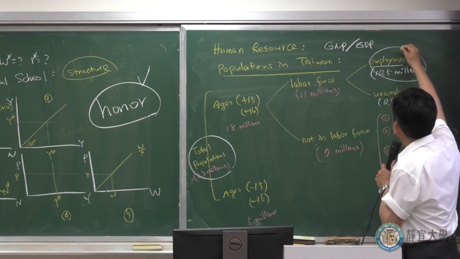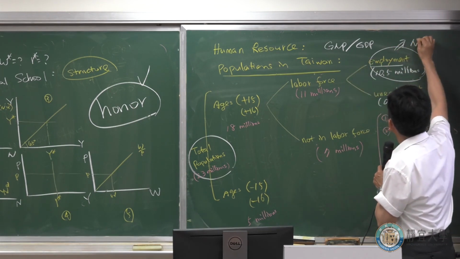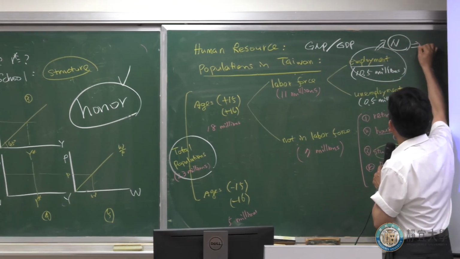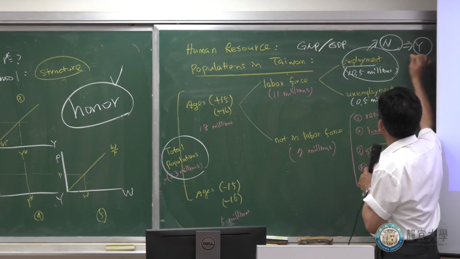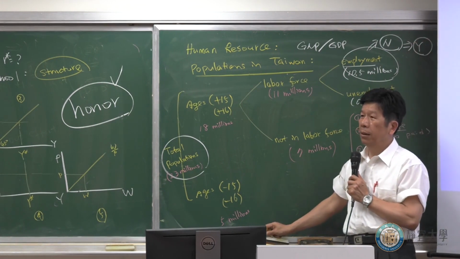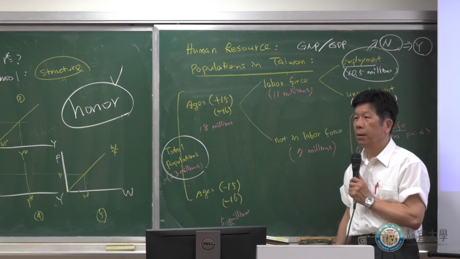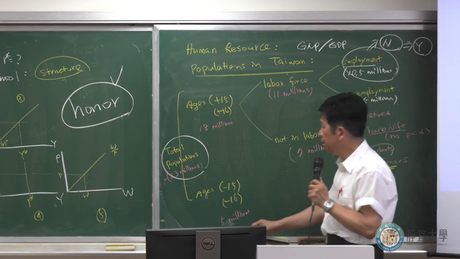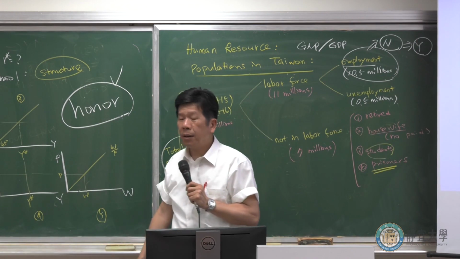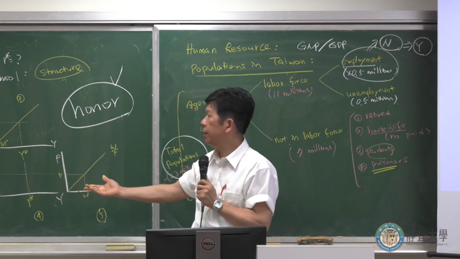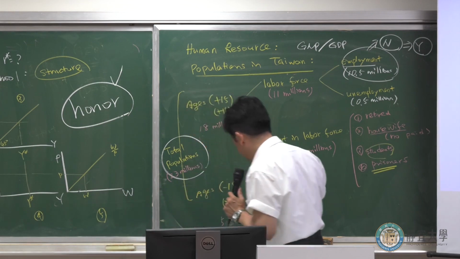So these people represent N, and N can control all the Y. So we cannot make any cheating. Last time I told a story for you.